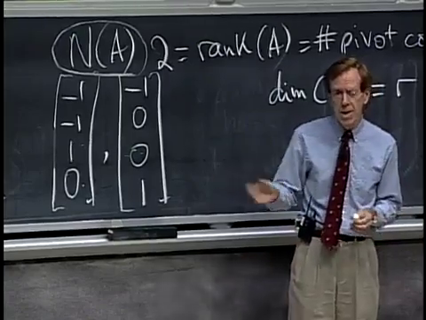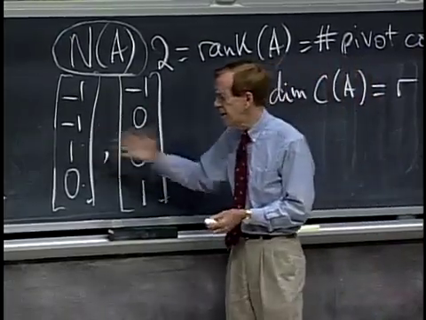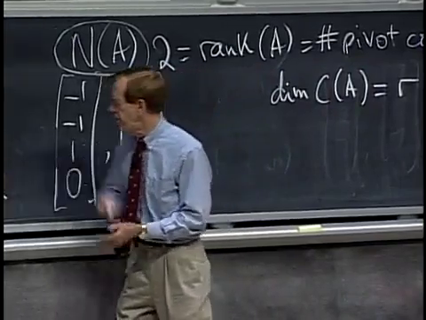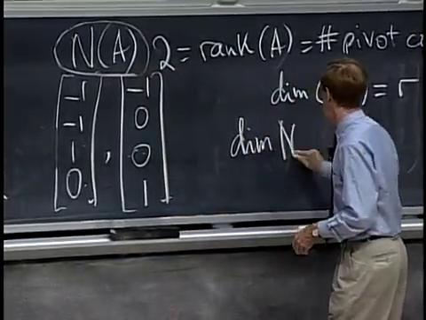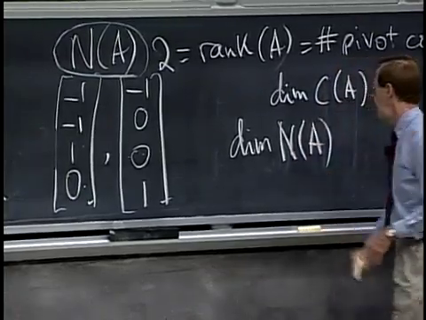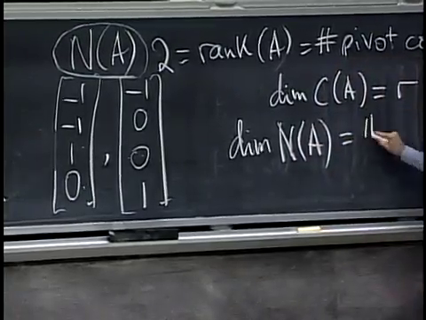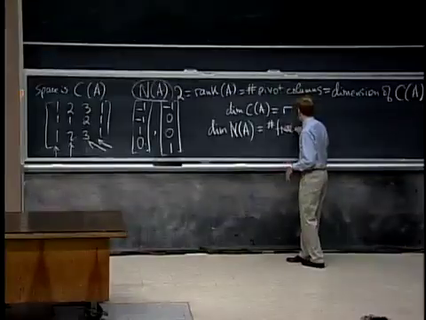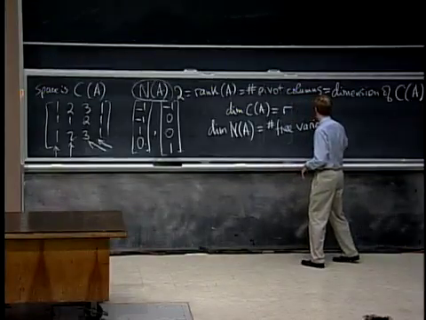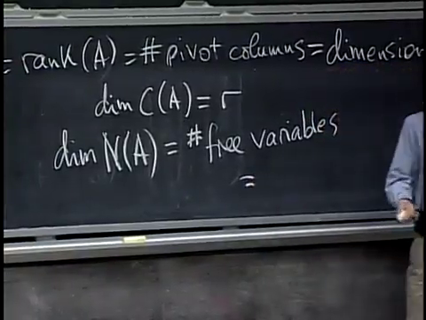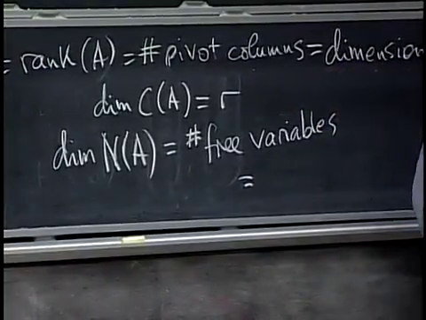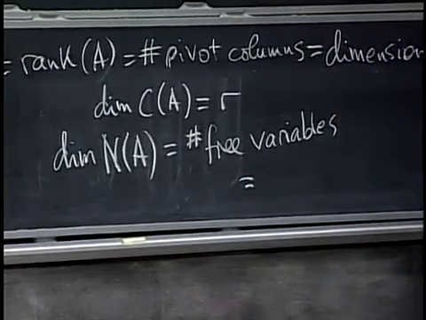The null space is 2-dimensional. The dimension of the null space is the number of free variables. And at the last second, give me the formula. This is then the key formula that we know.